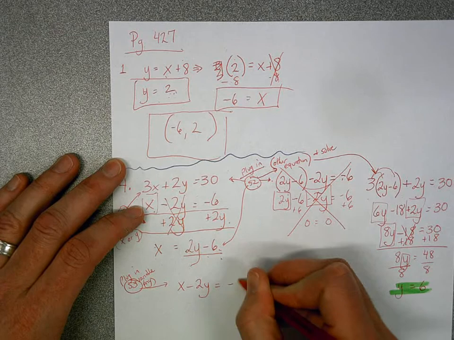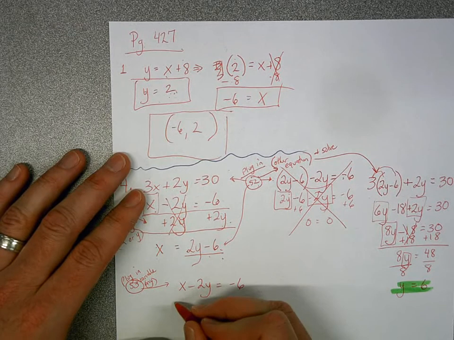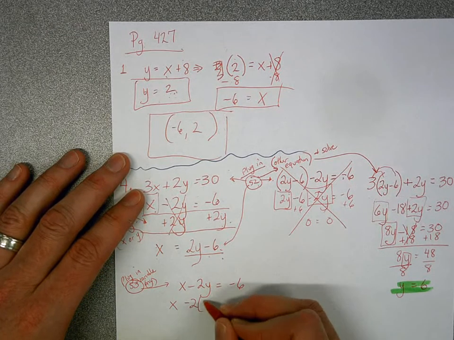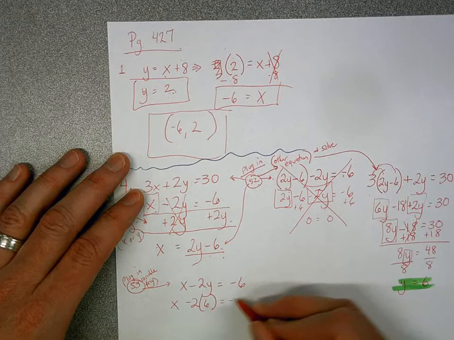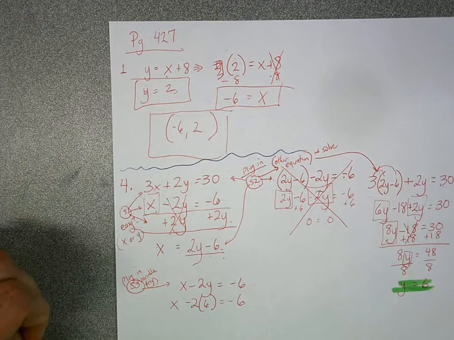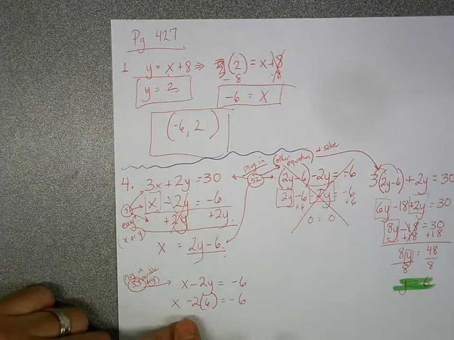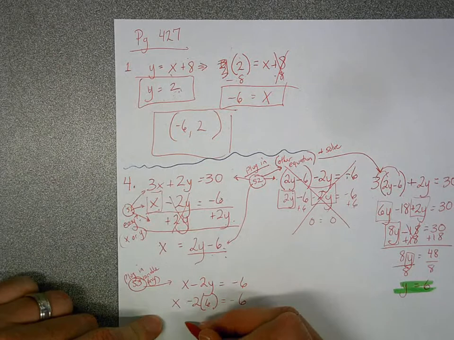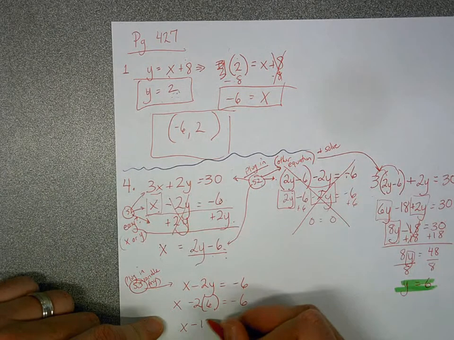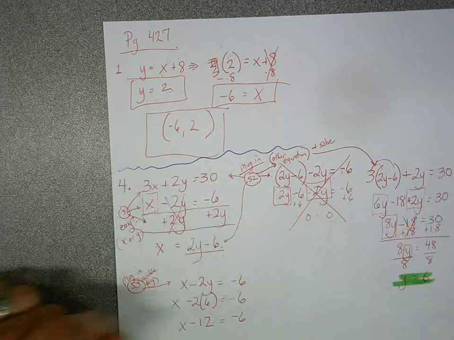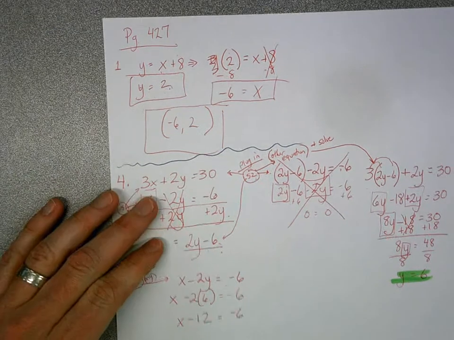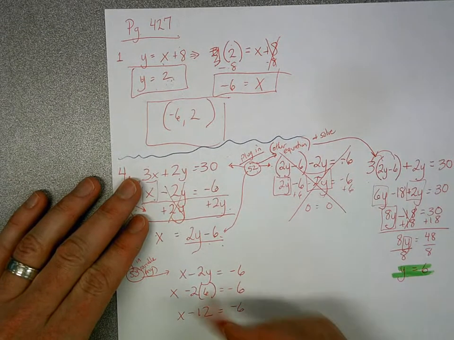equals negative 6. So x minus 2 times 6 equals negative 6. I'm going to simplify this side and say that is x minus 12 equals negative 6. And of course, that is now a one-step equation.